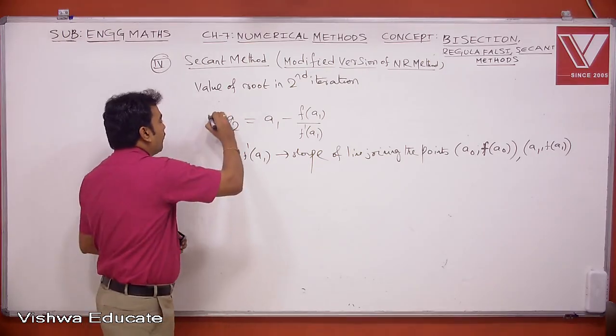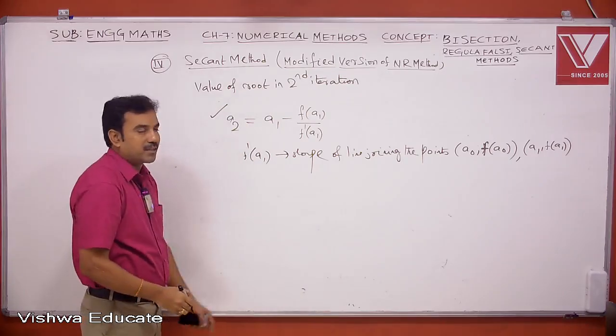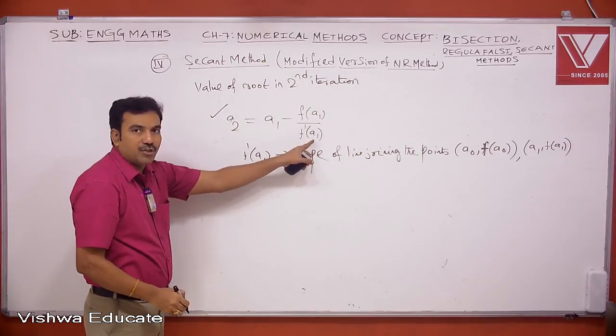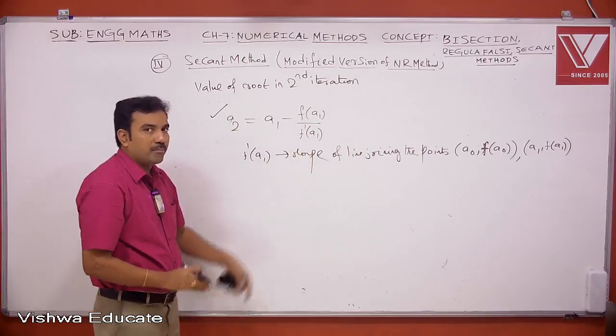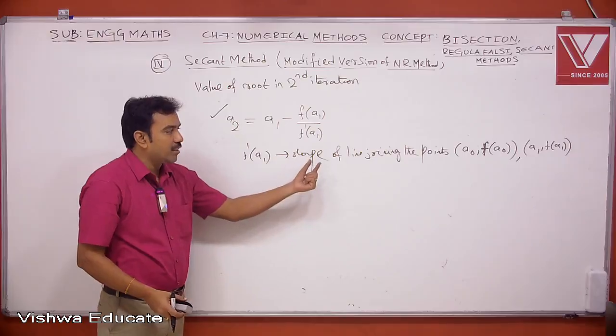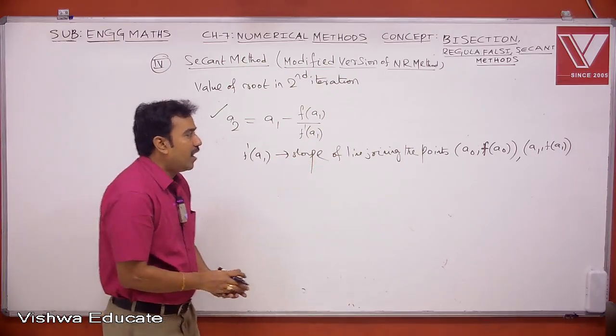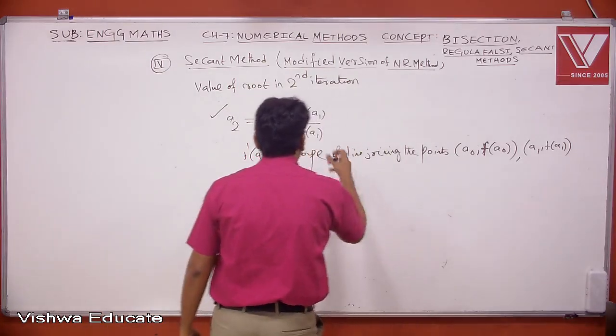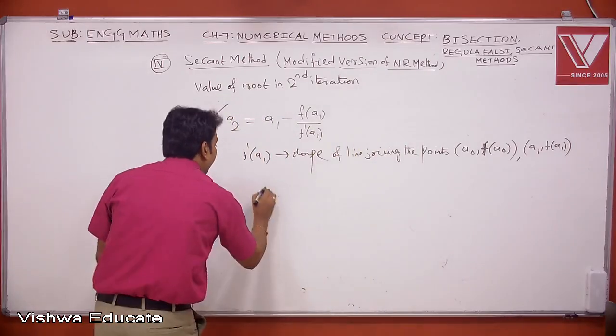In the denominator we have f dash of a1. We know that derivative represents slope. So it is the slope of the line joining the points a0, f of a0 and a1, f of a1. Now let us see what is the slope of the line joining these 2 points.